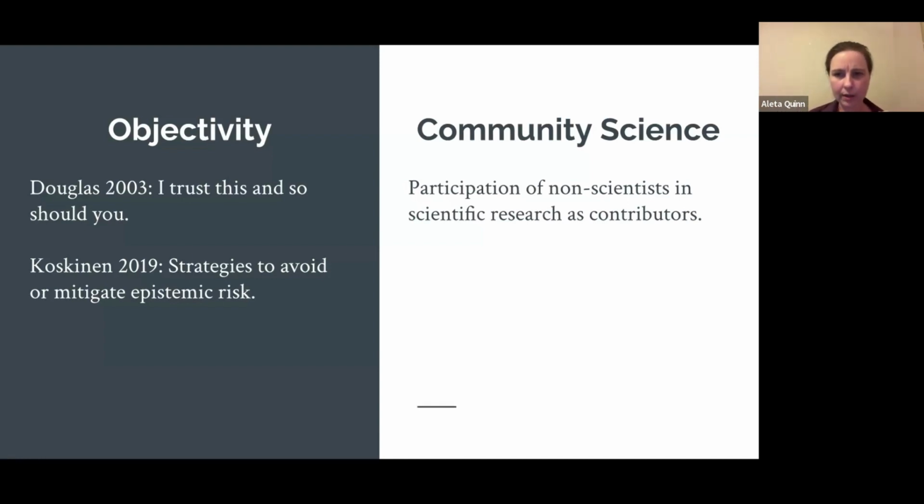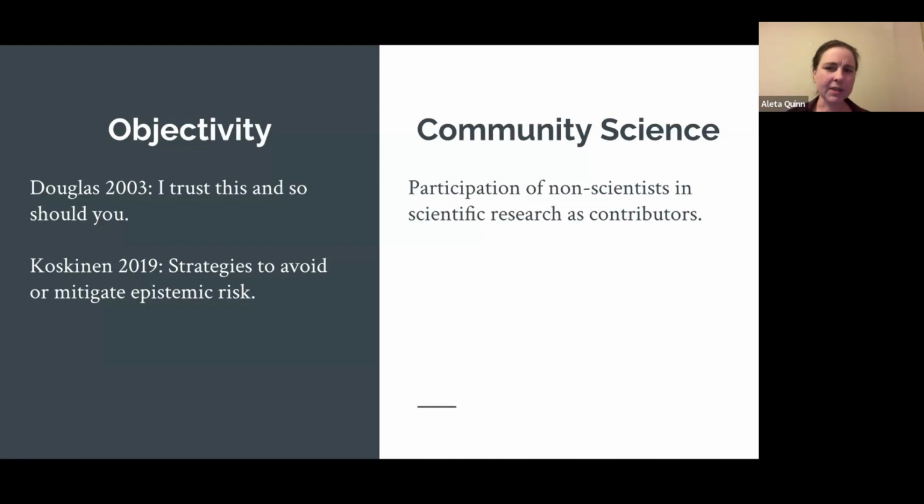Some folks would like to use labels for different forms of what I'm calling community science. Also, some folks would say that community science is synonymous with citizen science or participatory science. Other folks say there's important distinctions between those terms and that there's good reasons to use one term or another.